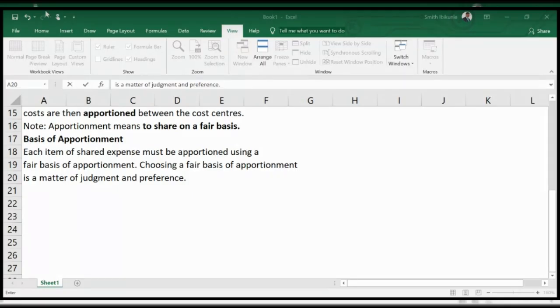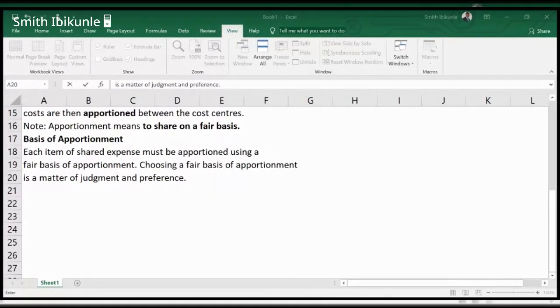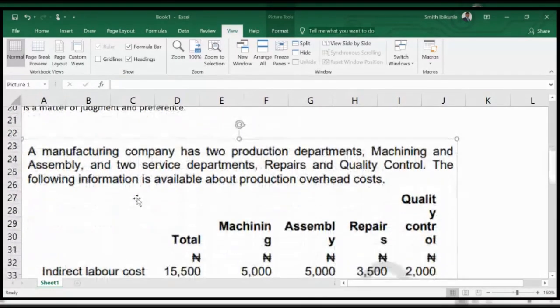I'll also put it on the Excel. Have you seen the question? Yes, sir. So let me also have the question here.